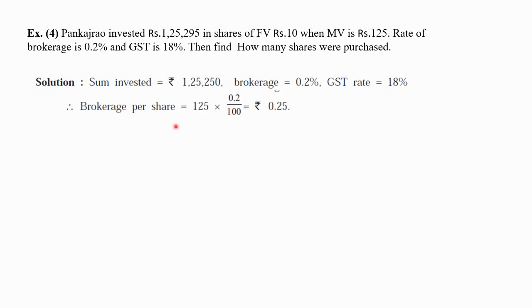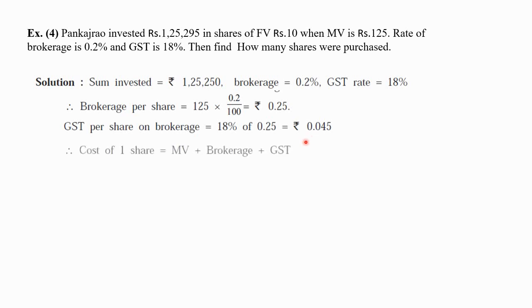Brokerage per share is 125 into 0.2 upon 100, as 125 is the market price and 0.2 is the rate of brokerage. So brokerage per share will be rupees 0.25. GST per share on brokerage will be 18% of the brokerage. So 18% of 0.25 will be rupees 0.045.